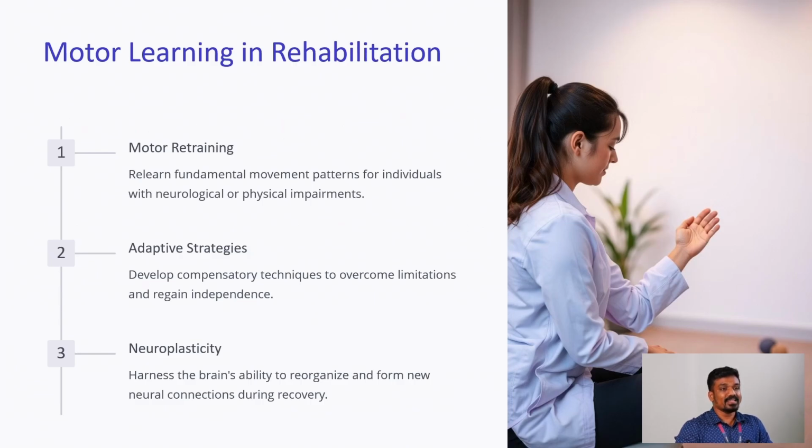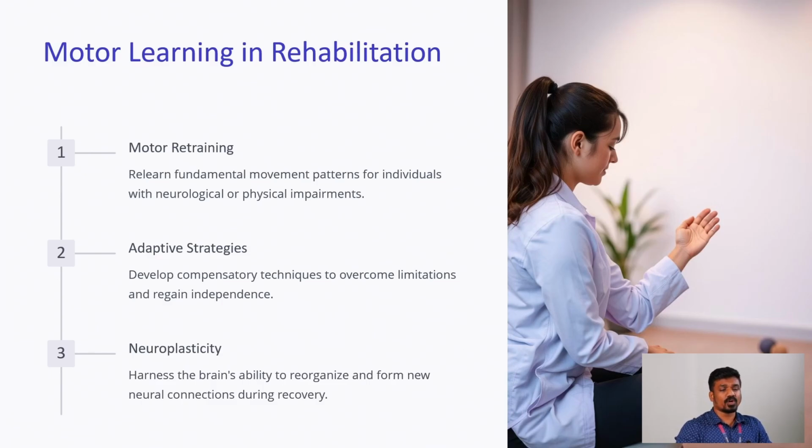Motor learning in rehabilitation. In rehabilitation, motor learning plays a vital role in helping individuals recover from injuries, disabilities, and also impairments. There are several key ways in which motor learning is applied in this context. Let's look at that. First is motor retraining.